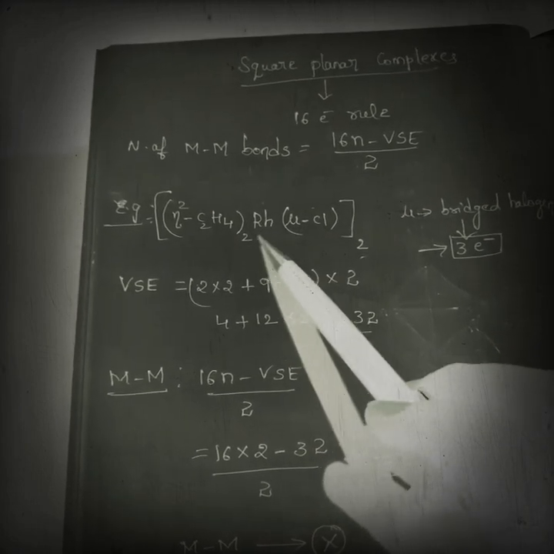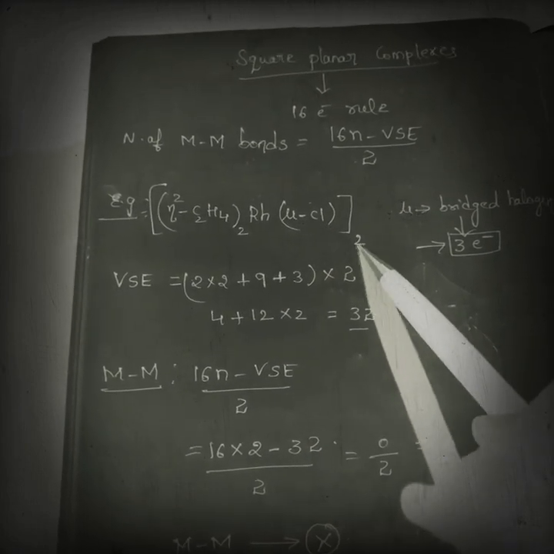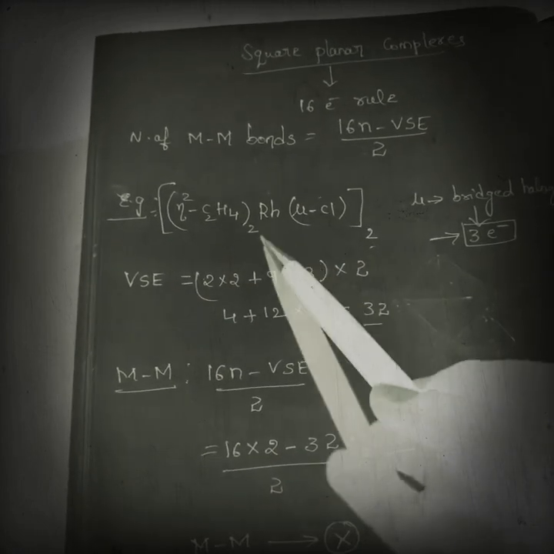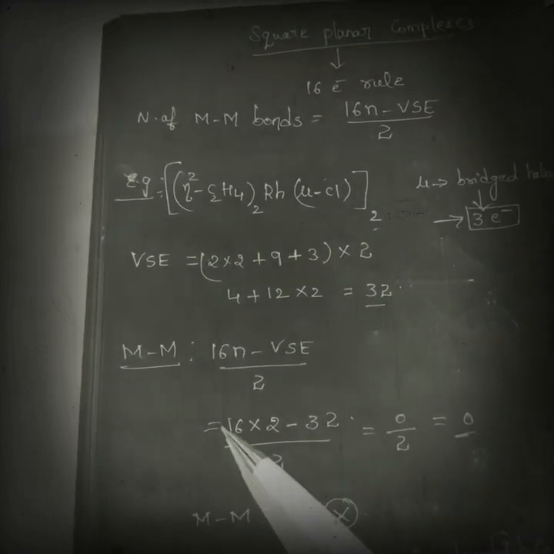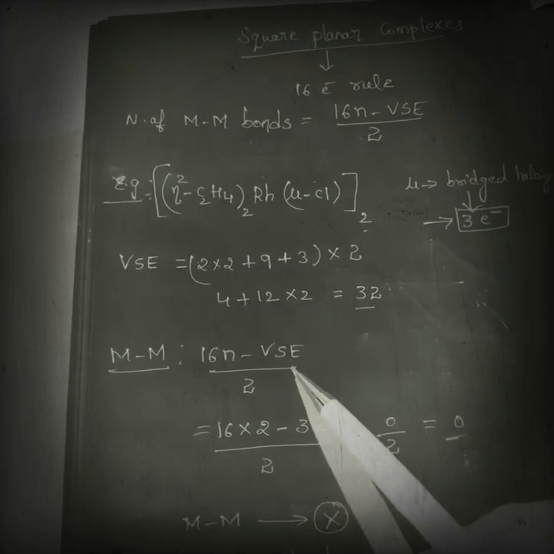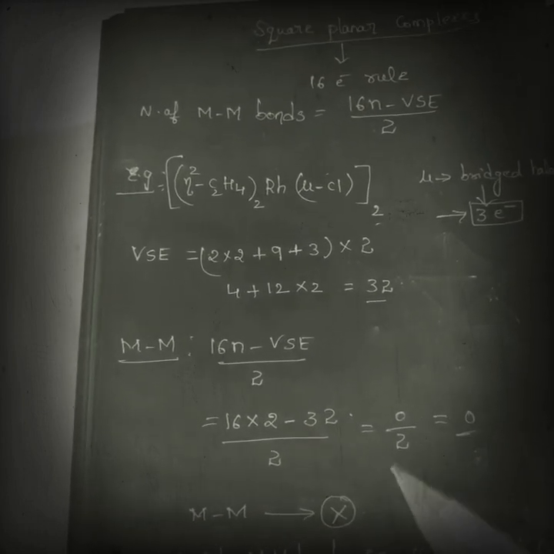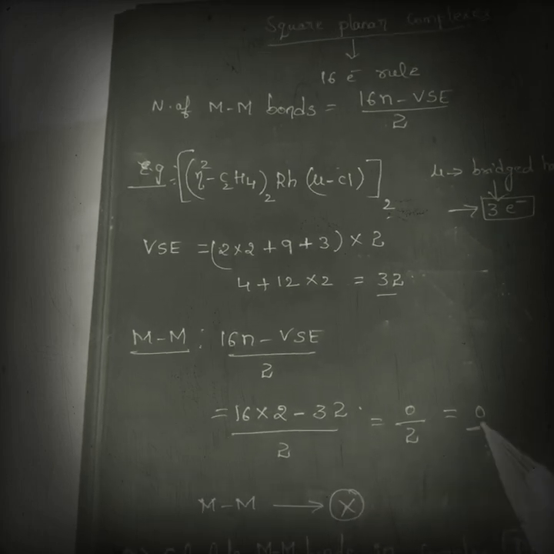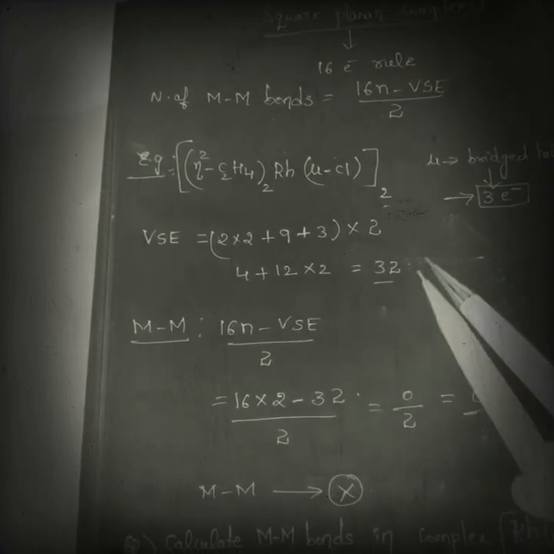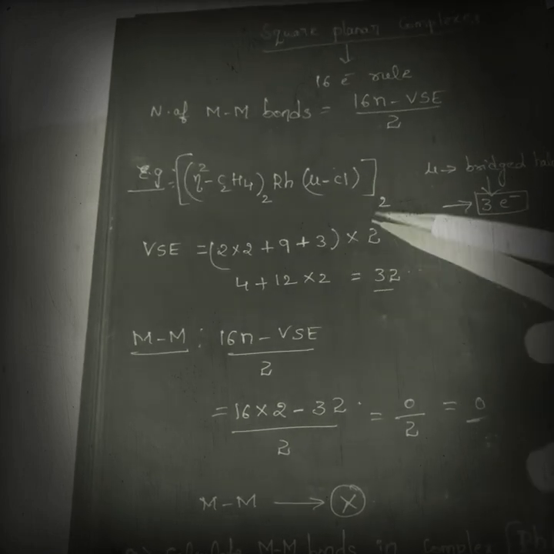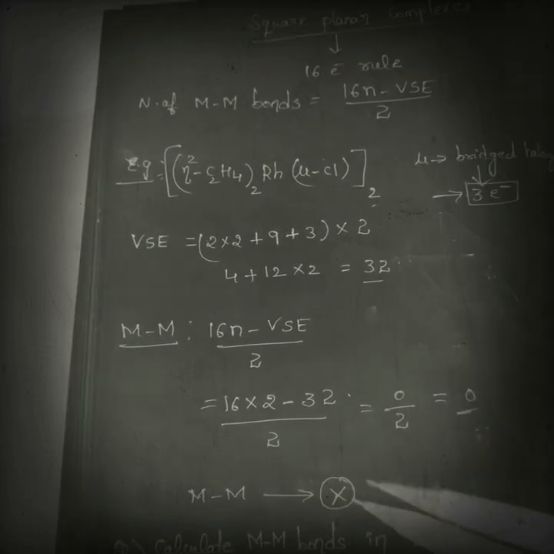Actually here one metal is present, but here they have indicated 2. That means in this cluster 2 metals are present. So 16 into 2 minus valency shell electrons 32, so 32 minus 32 by 2, so 0 by 2. 0 by anything is 0, no, friends. So this 0 indicates that in the given complex, metal to metal bonds are absent.